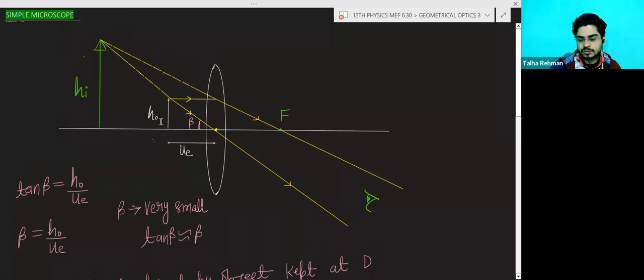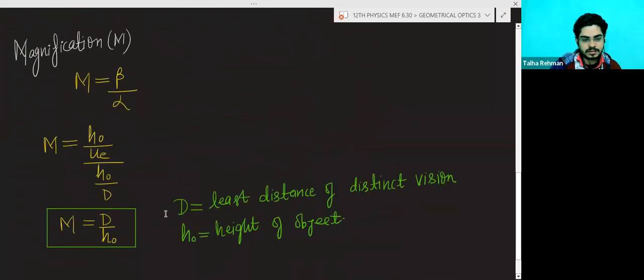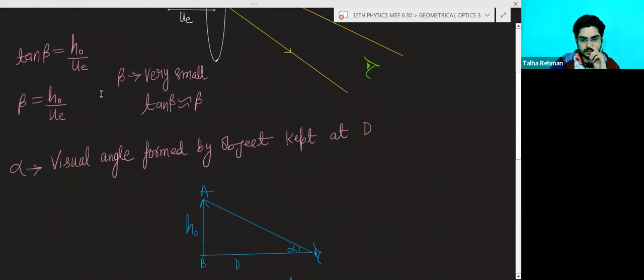Okay, so this is the working of the simple microscope, and if you want to find the magnification, then in this way you can calculate it. So this is your eye, and the object is kept at a distance of D. D is the 25 centimeter, and this is the height of the object, and this is alpha.